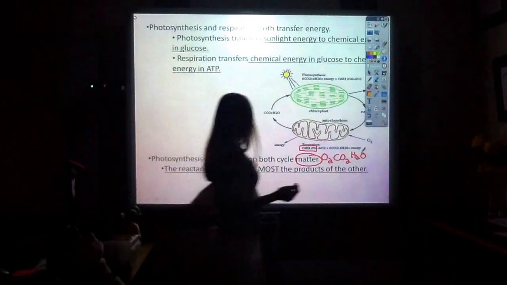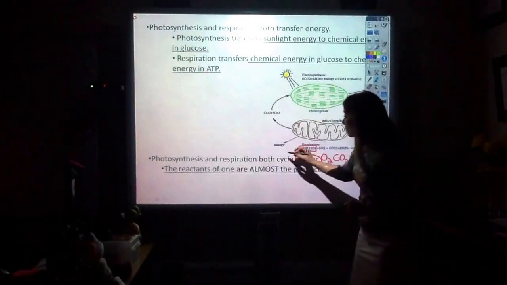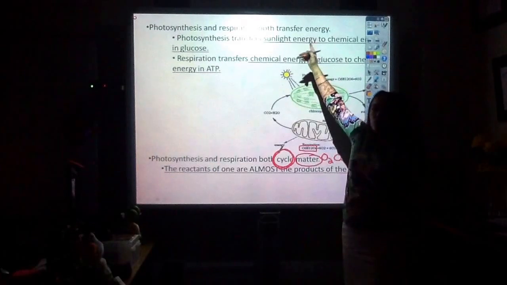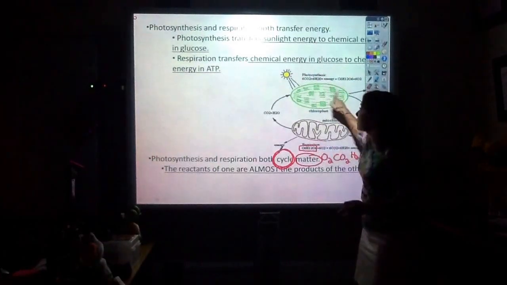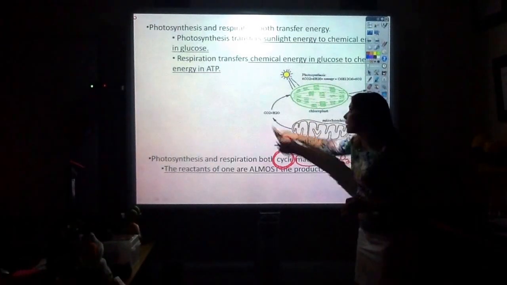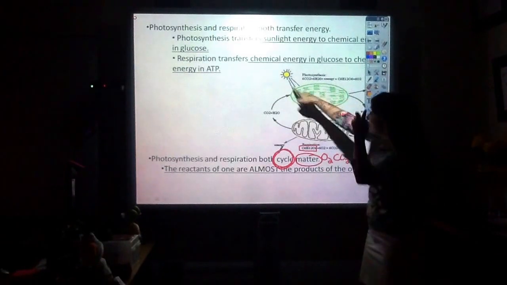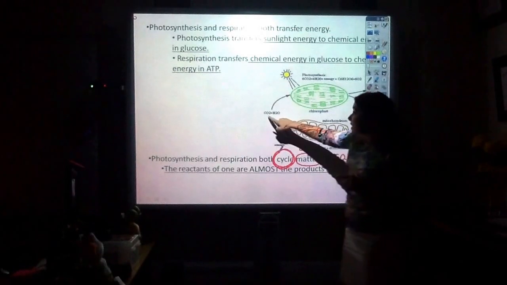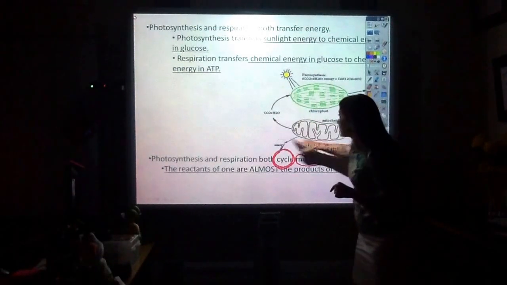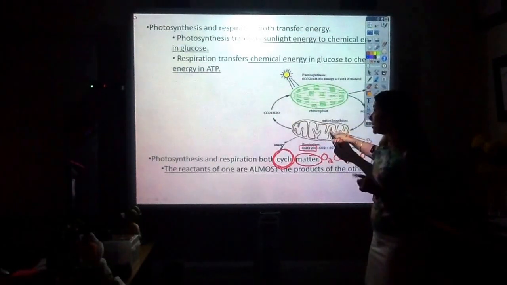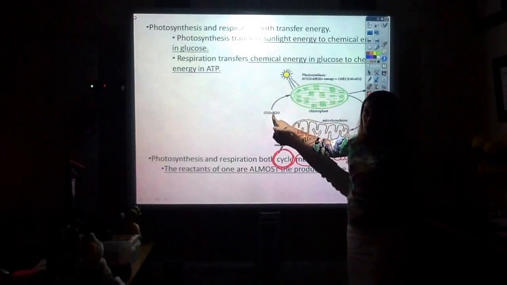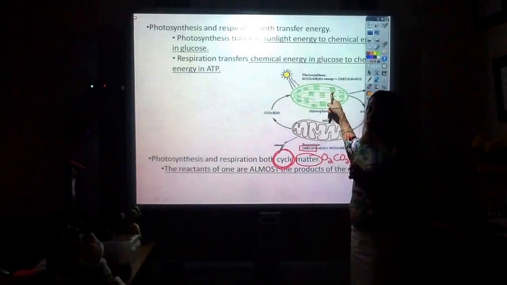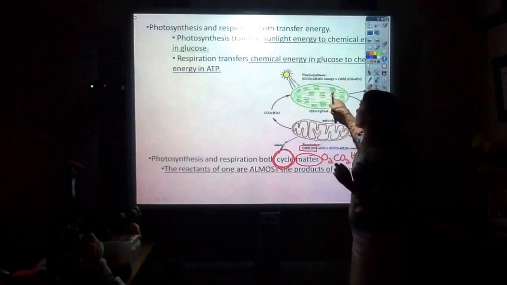So photosynthesis and respiration both cycle. Notice the difference between the word cycle and the word transfer. Cycle means that it's a constant cycle going around. Notice how the energy is coming in and going out. But things like CO2 get cycled. Respiration makes CO2 and H2O. Photosynthesis uses CO2 and H2O.